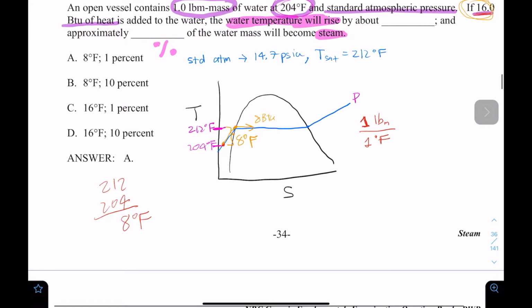So for that, I can use this formula. Or remember that we have this other formula.